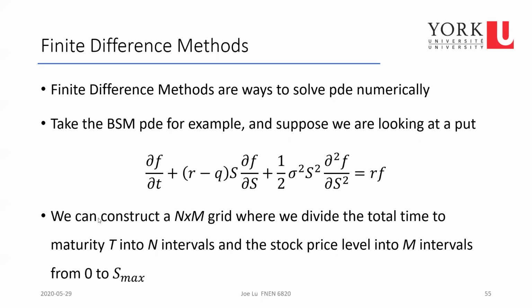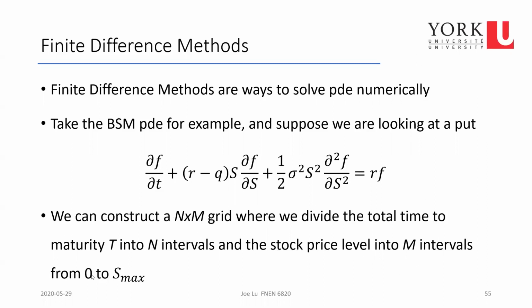So we can construct a grid of size n times m. Say we divide the time interval into n different steps, and we can divide the stock price levels into m different intervals.